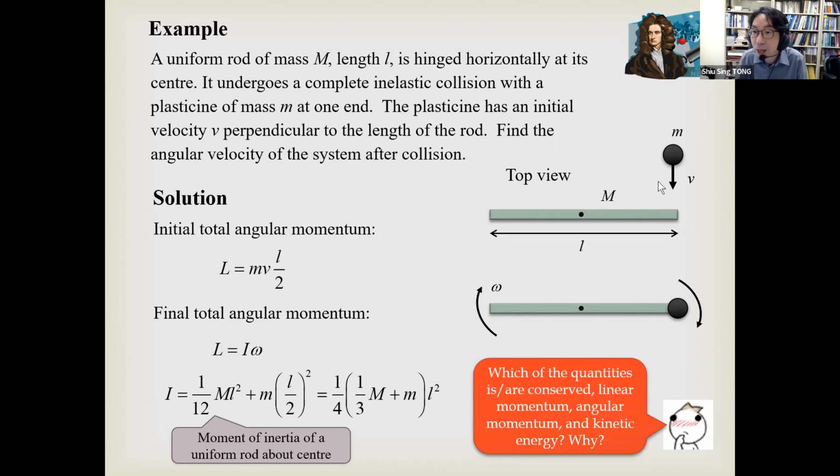In order to apply conservation of angular momentum, you should be very careful. You have to take moment about the center of the rod, because by doing so, you can eliminate the torque due to the force of the table on the rod. This is the only point where you can eliminate that torque and make the total angular momentum conserved.